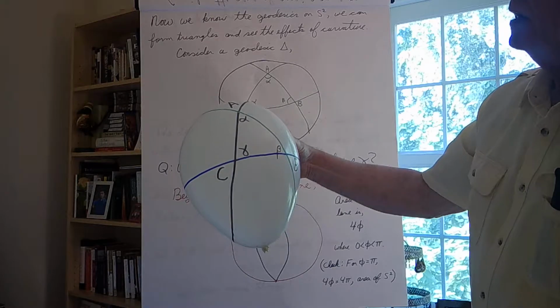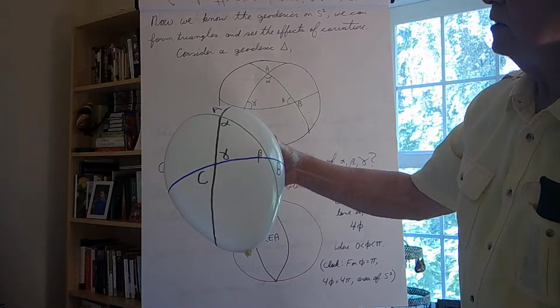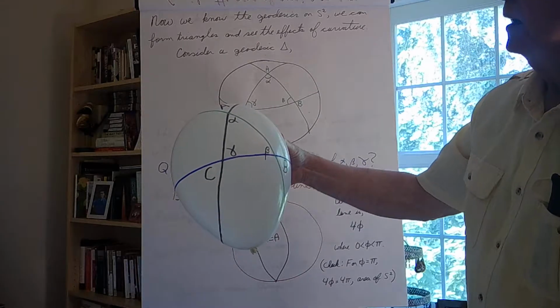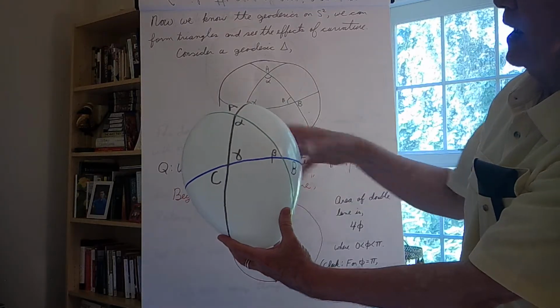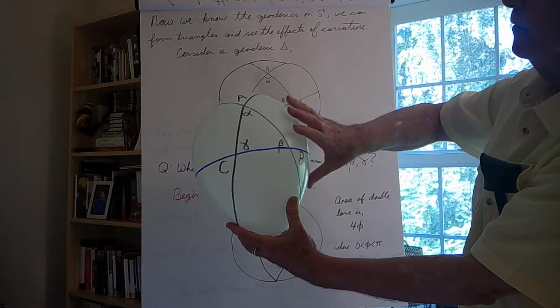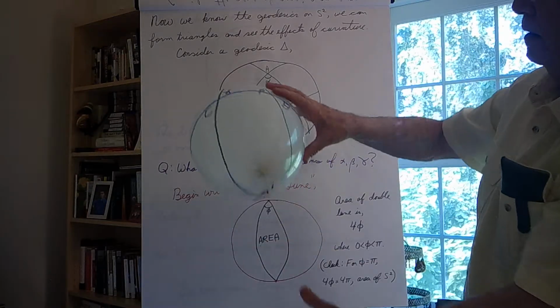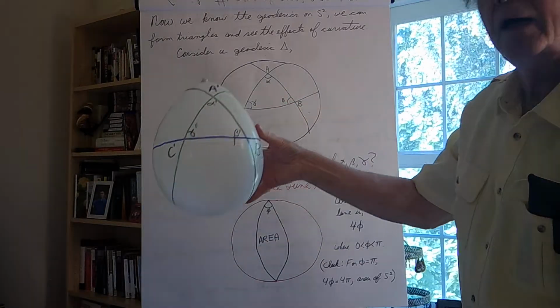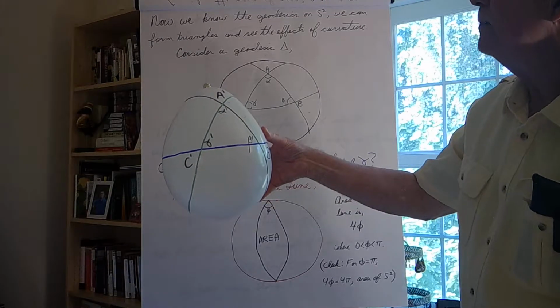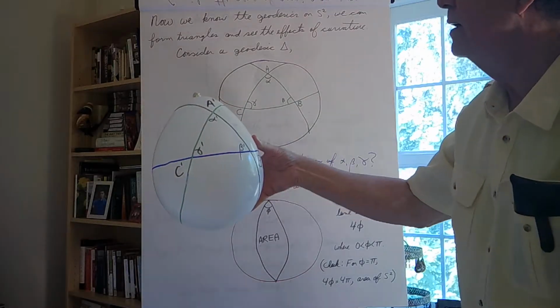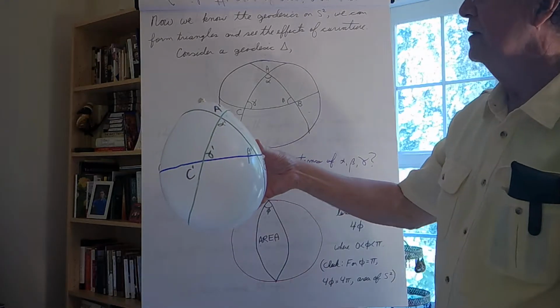Now because the geodesics are great circles that intersect, they intersect one another twice. If I have a geodesic triangle on this side of the sphere, I also have it on the other side of the sphere. I've labeled things with primes, but it's clear from the symmetry of the problem that alpha prime is alpha.